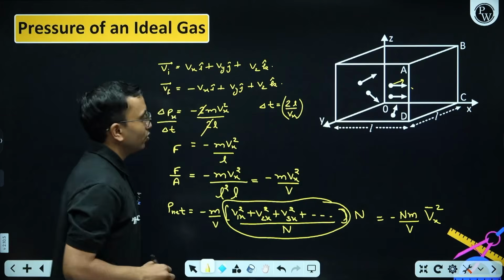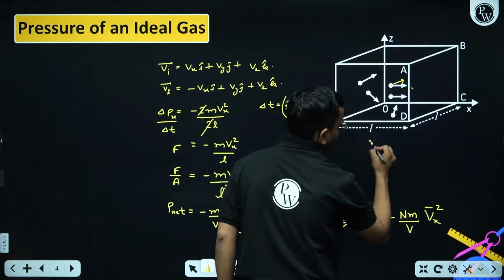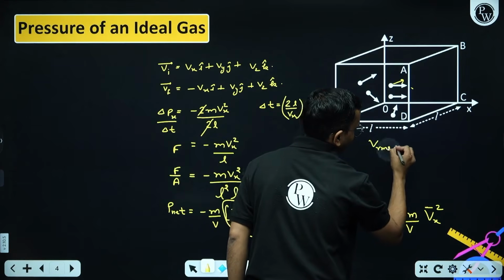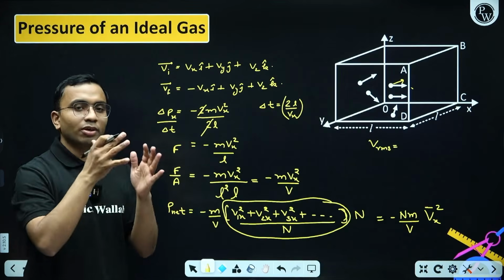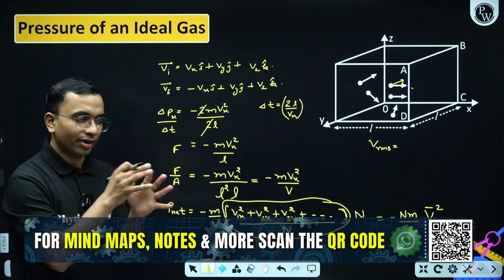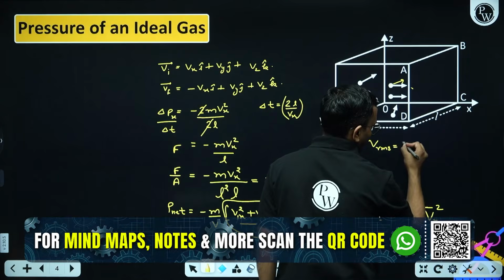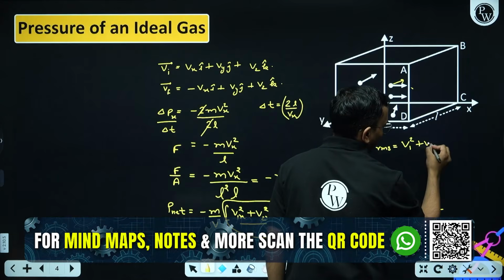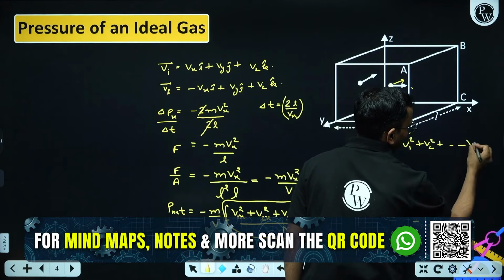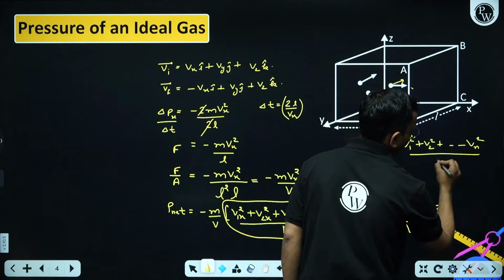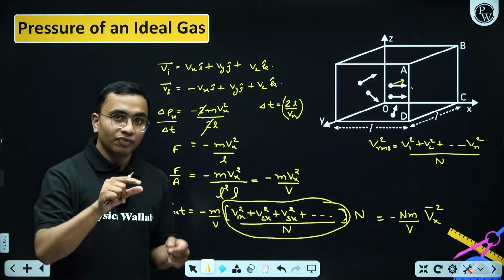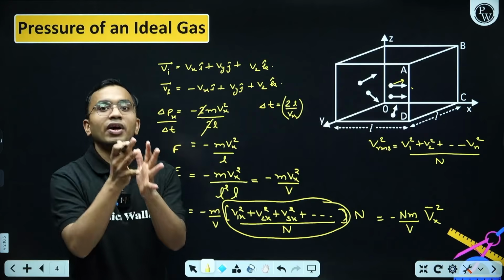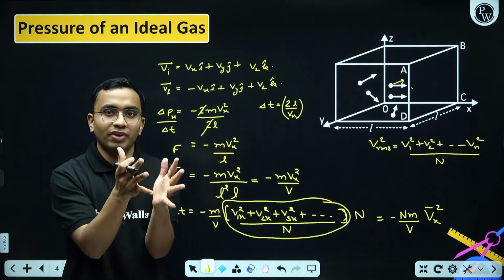Now if I ask you what is my RMS velocity, you will say that is v1 square plus v2 square till vn square, divided by n, not just x square, the total velocity. This is my vrms square. Now v1 is having vx, vy, vz, so v1x, v1y, v1z.